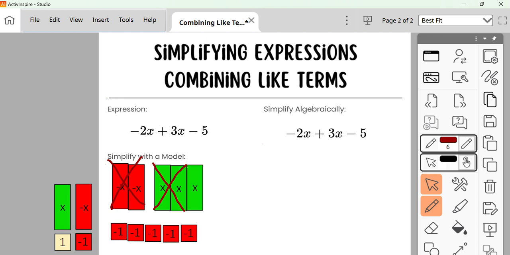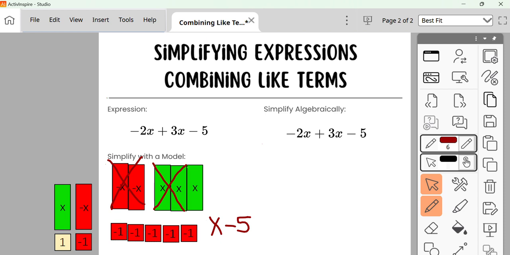So all we have left is 1x and negative 5. So simplified, it is x minus 5. If you would like to, you could also call it 1x minus 5, and I'll show you when we do it algebraically how that might happen, okay? Because those are exactly the same thing.